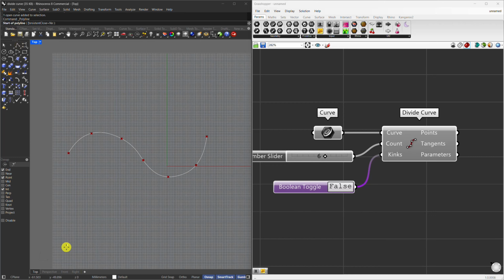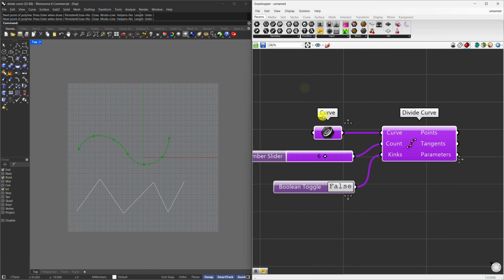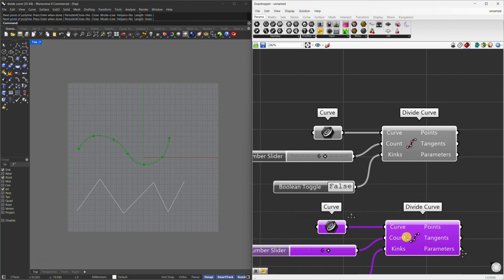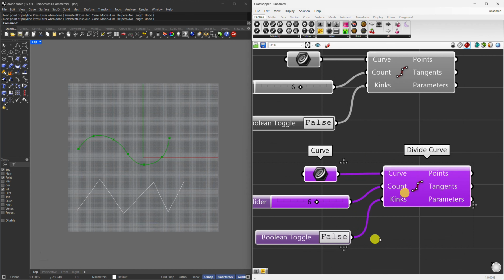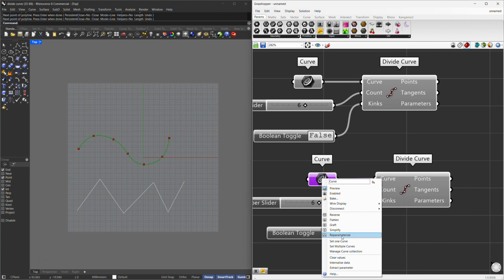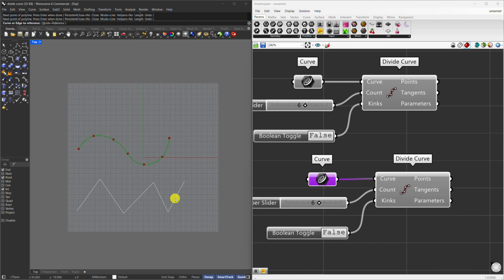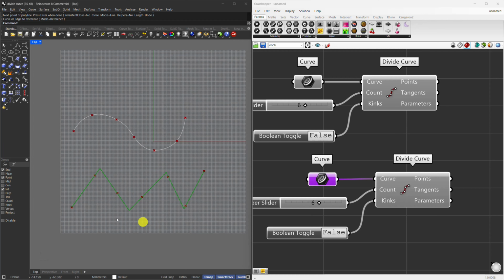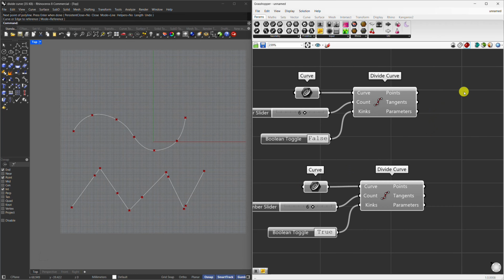Let's draw another curve. Let's copy this. Let's connect this curve. This curve is also divided into 6 segments. So when you make Kinks true, it will divide the curve at the edges also. Let's connect the panel and see both of them.